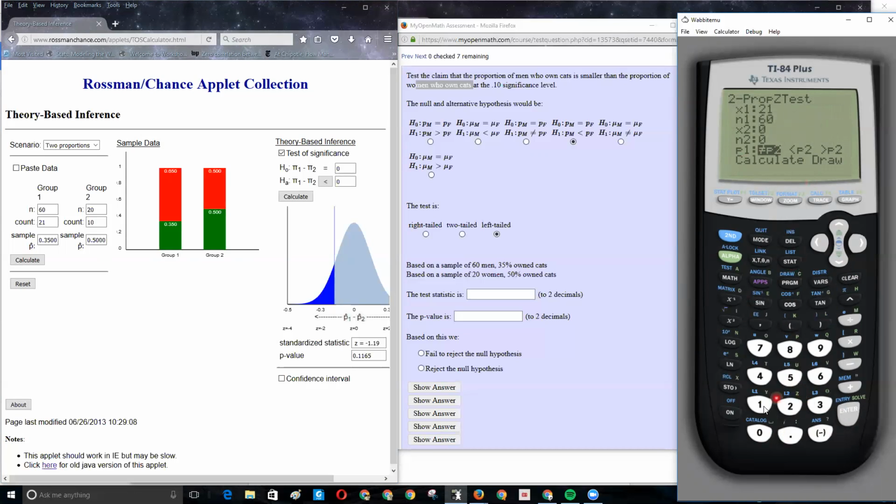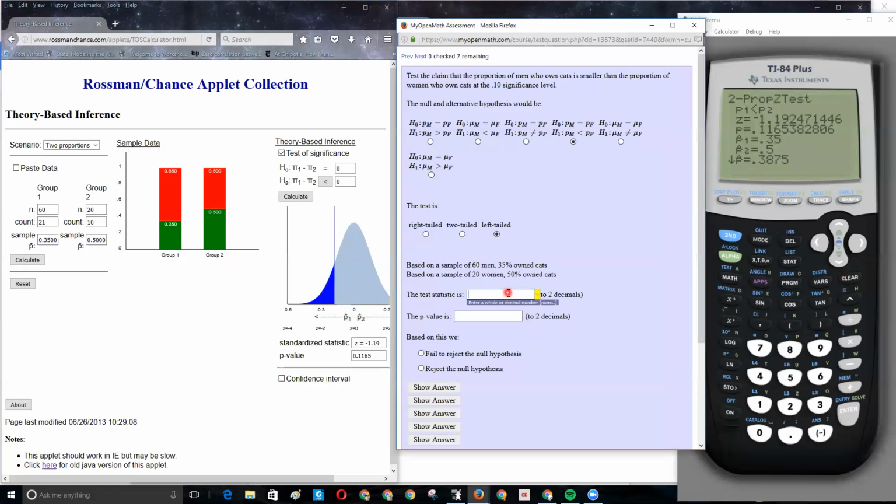And females are 10 out of 20. And I'm choosing a left-tailed test. And I'm going to calculate. And am I getting the same values? I am. The p-value is even the same. So I think we'll be pretty good with going with these answers.